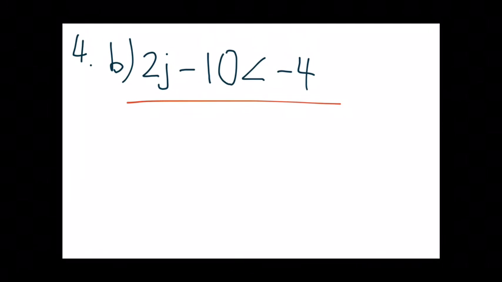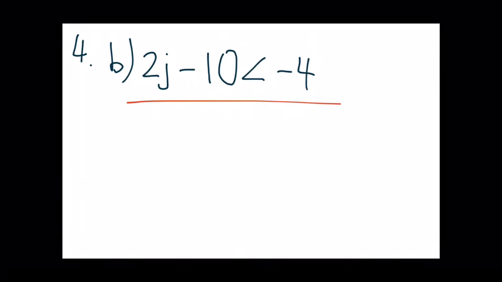Now we're going to graph this on the number line. Remember that the answer is j is smaller than 3. As I've written right here, we're not going to do this on the coordinate plane because there's really no point. The coordinate plane is really for when there are two variables which have ranges.